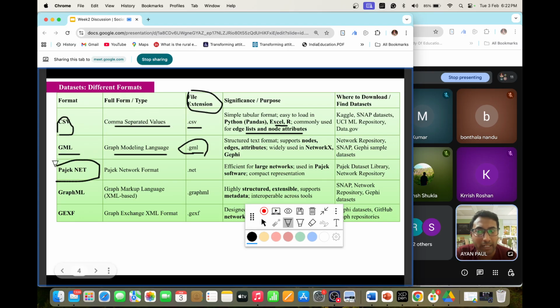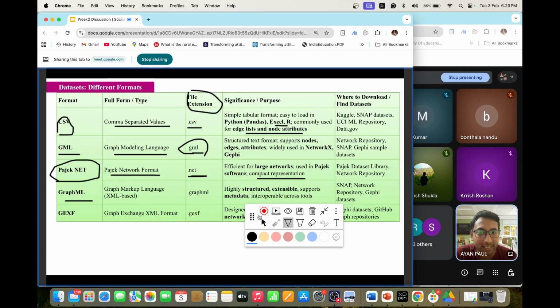The third format, which is very popular for social network datasets, is the Pajek network format, with the .net extension. It is efficient for large networks, used in Pajek software, and a compact representation. Then we have GraphML, a popular graph markup language that is XML based. Everyone knows XML files, right? GraphML is very similar to an XML file.